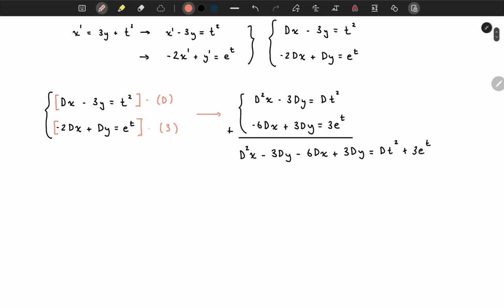Now we can see the minus 3Dy and the plus 3Dy cancel out, leaving us with only x's. And this is perfect because we have to solve for x of t.